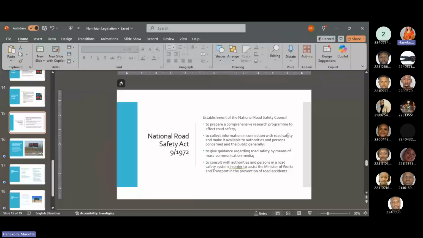The National Road Safety Council prepares a comprehensive research program, collects information in connection with road safety, and gives guidance by means of mass communication media. So advertisements, social media, billboards, etc. And then assisting, once again, giving advice and assistance to the Minister of Works. So there's an overlap here between the National Road Safety Council and the MVA Fund. They go hand in hand, they work together.